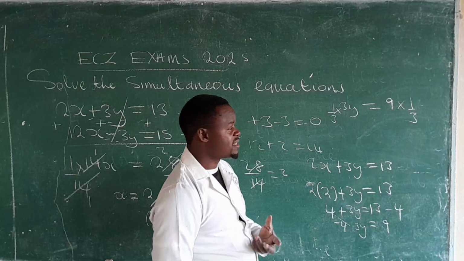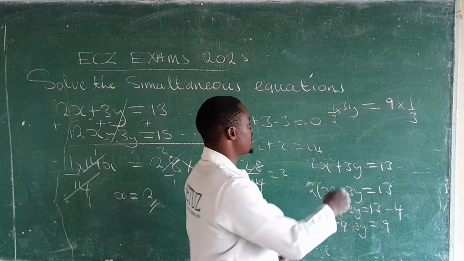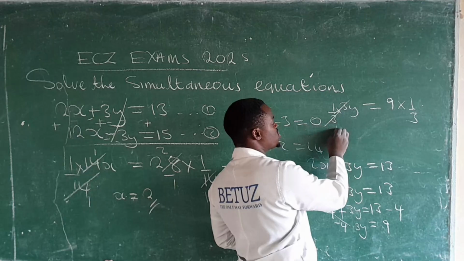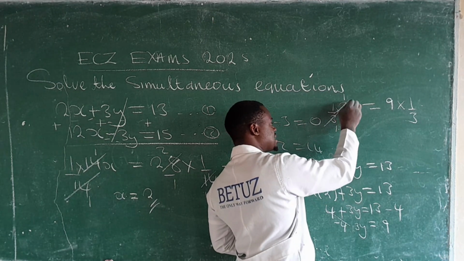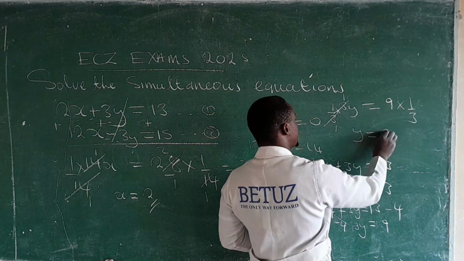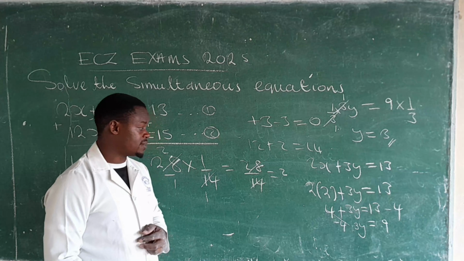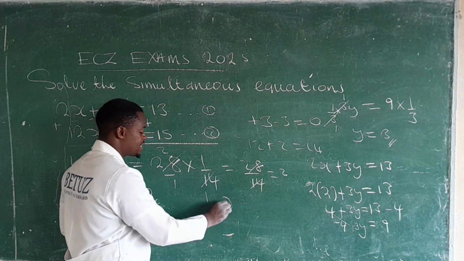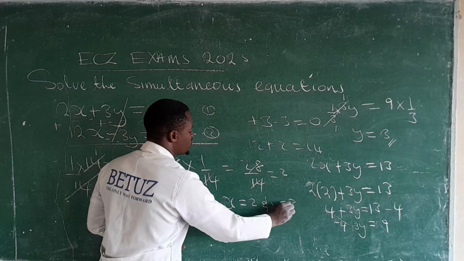In most cases, we just say divide both sides of the equation by 3. So 3 there, 1; 3 there, 1. 1 times 1 is 1, 1 times y is y. Then 3 into 9 is 3. So now we have two answers: x is equal to 2 and y is equal to 3.